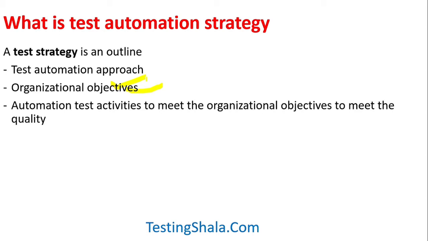We will call out our way of doing a test approach, our way of handling the test automation, what the organization objective is in terms of bringing in automation, and what different activities we will perform as part of the automation strategy to meet those organizational objectives and the quality conditions defined in them.